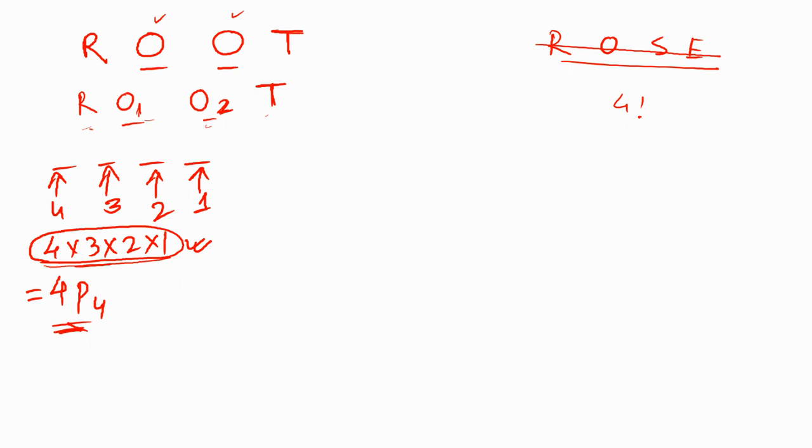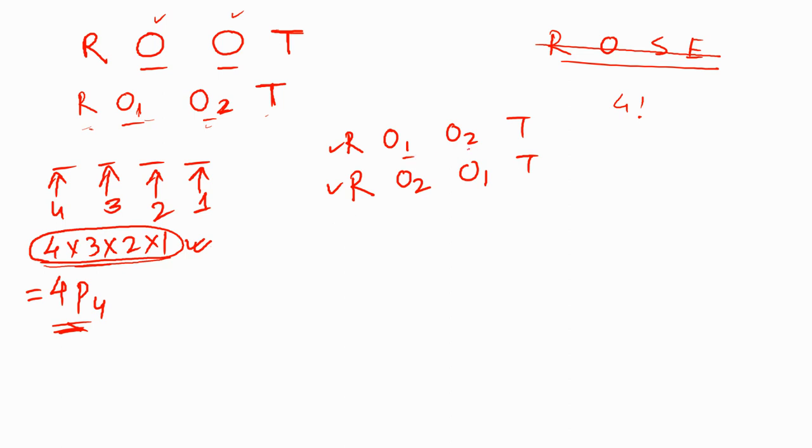But in this case, in reality, O1 and O2 are not different. O1 and O2 are same, right? So what is happening here? R O1 O2 T, they are considering it as one case. Even R O2 O1 T, they are considering as another different case.